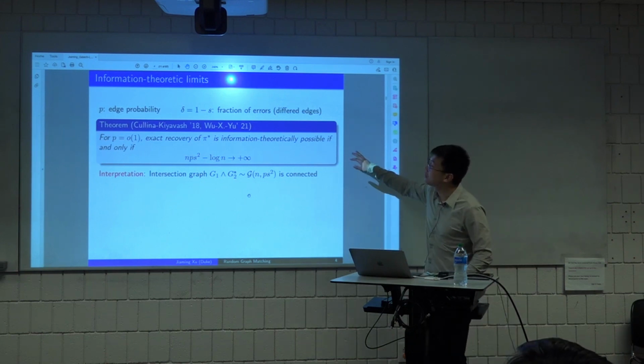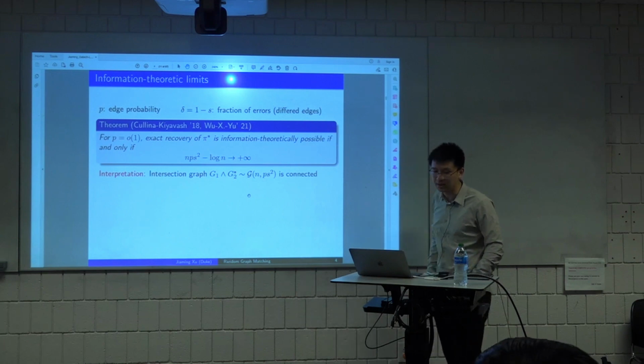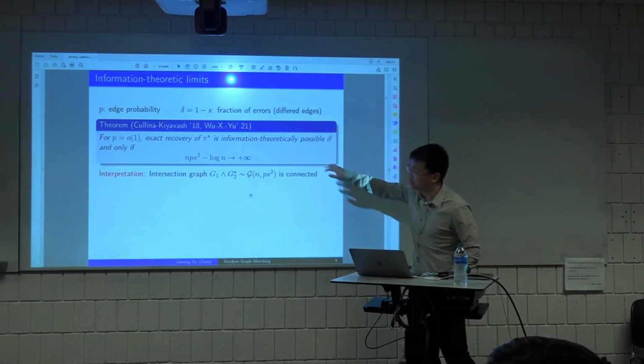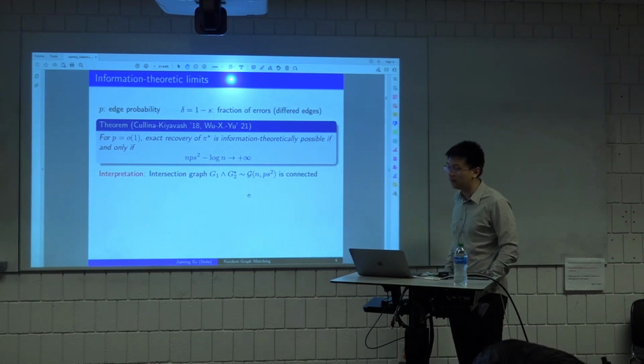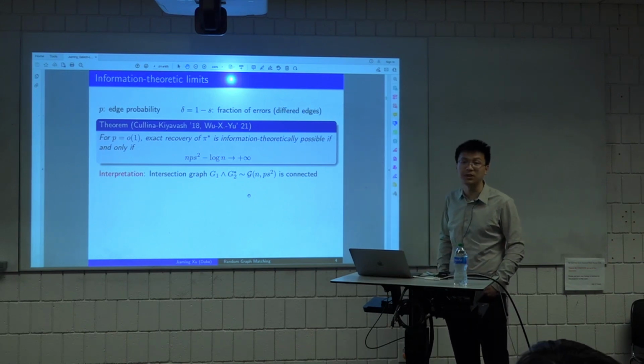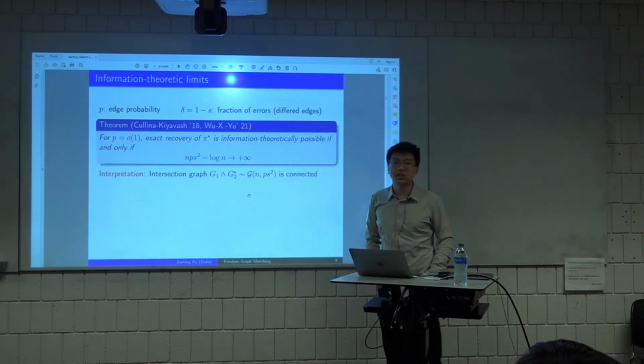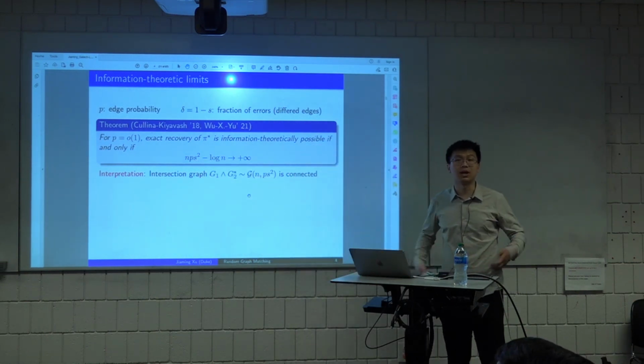So for exact recovery, if you simplify this a little bit, focusing on p being little 1, then this threshold has a very nice form given by n p s squared minus log n going to infinity. Once again, this n p s squared is the average degree of the so-called intersection graph.